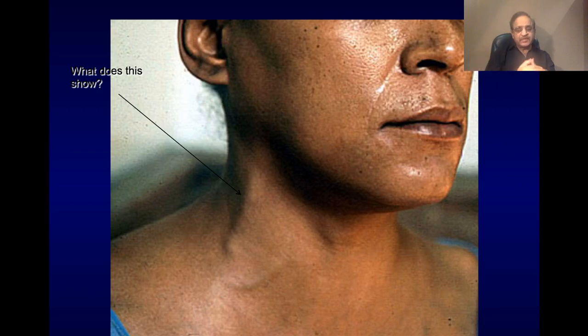In this picture, you can actually see raised JVP. You should look at the internal jugular vein for pulsations. You should also remember that raised JVP is not only a sign of congestive cardiac failure, it is a sign of isolated right heart failure.